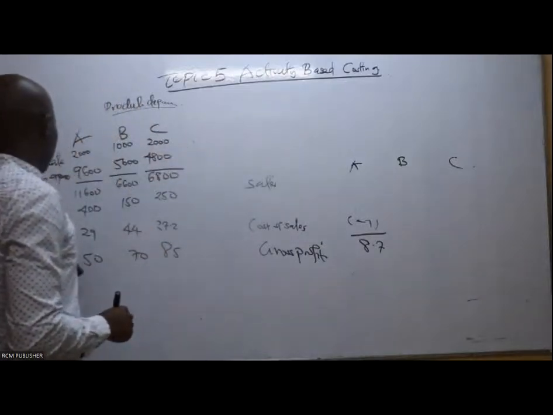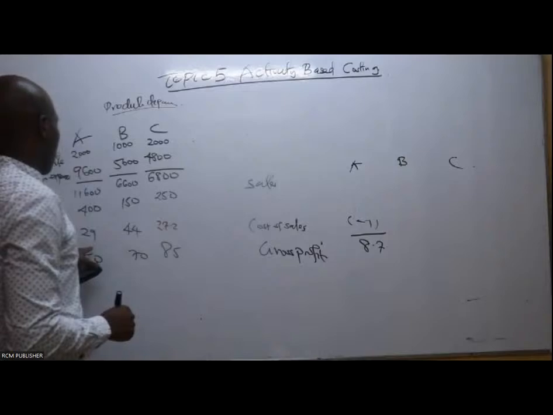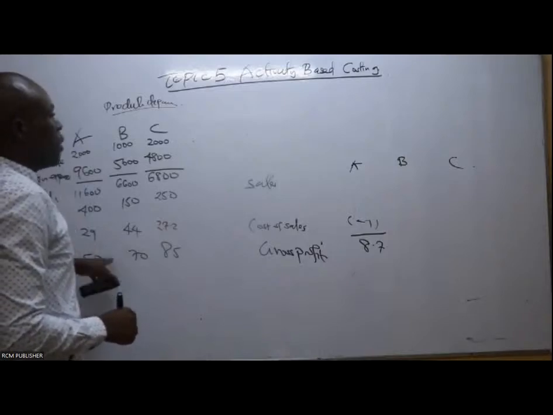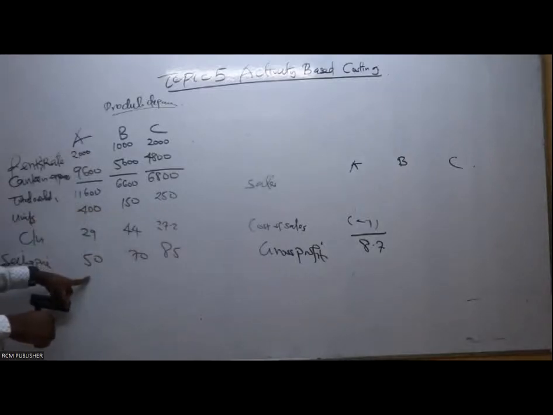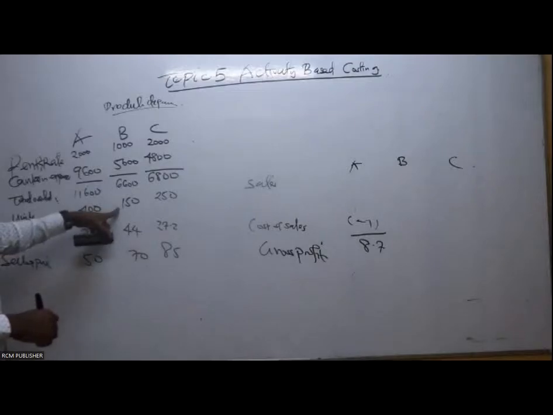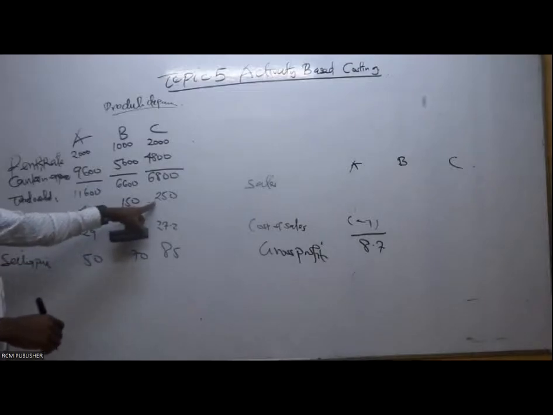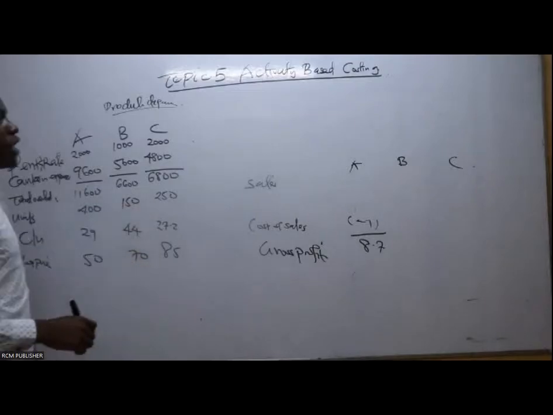So what do we have? Selling price per unit is 50. But if you want to get sales, units are already given up here. So what will be our sales? 400 by 50, 150 by 70, 250 by 85. We get the sales there.